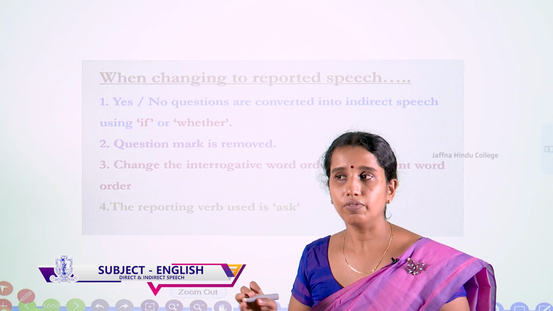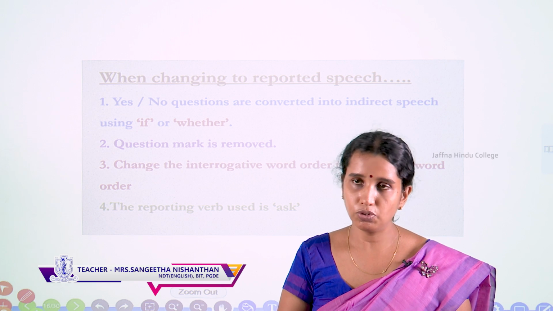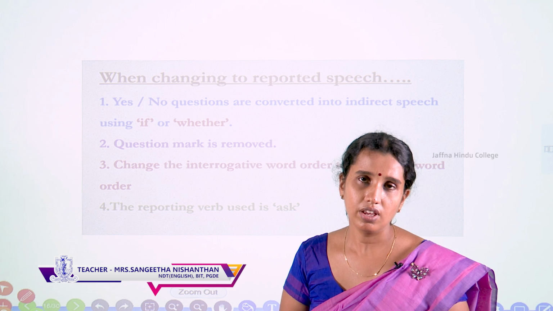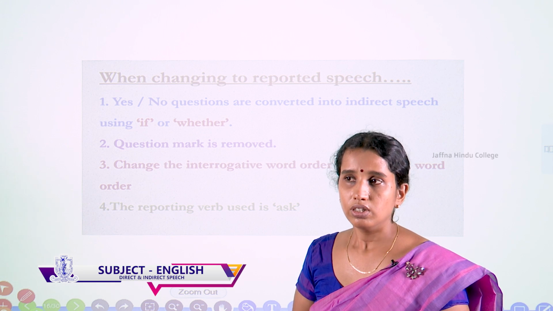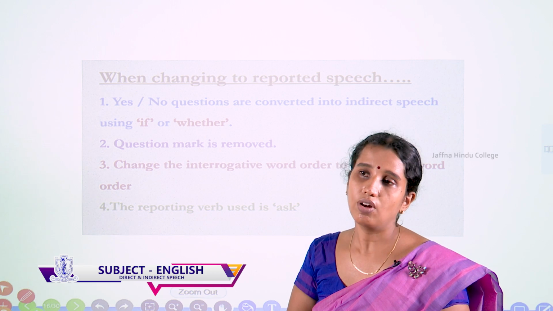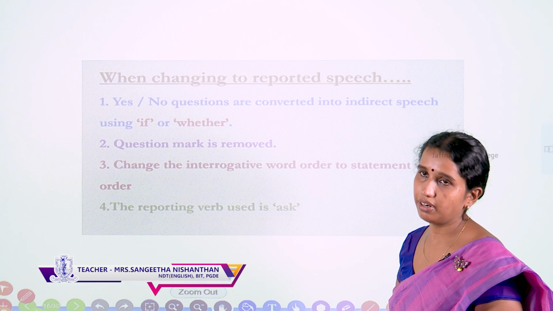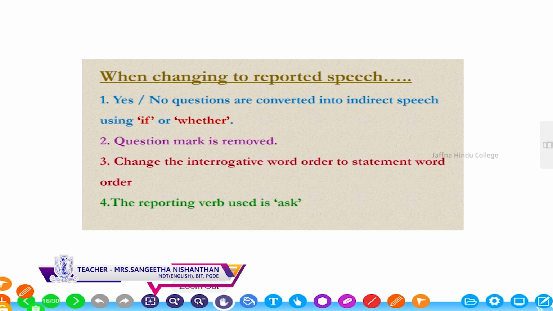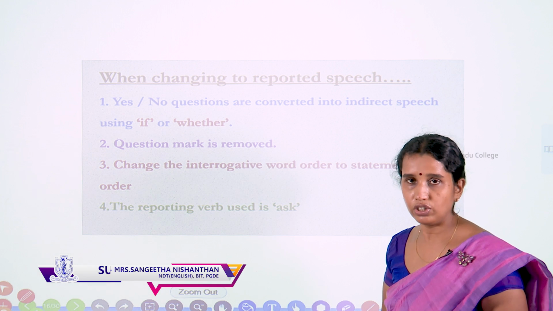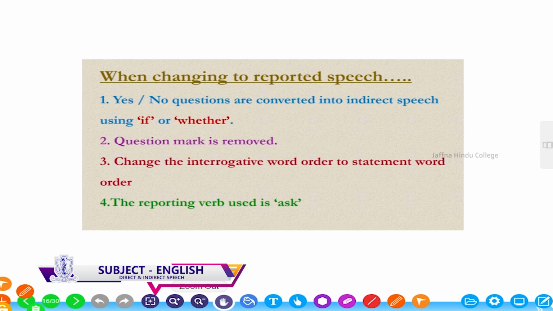At the beginning, we change it to a question by bringing the verb to the very beginning of the sentence, and now we should bring it to its older place and change it to indirect speech. The reporting verb used is ask. It is a question, so we don't use said or told, we use asked.